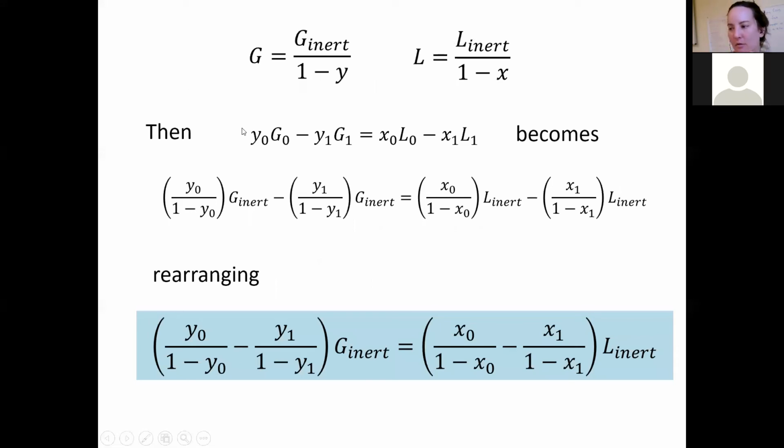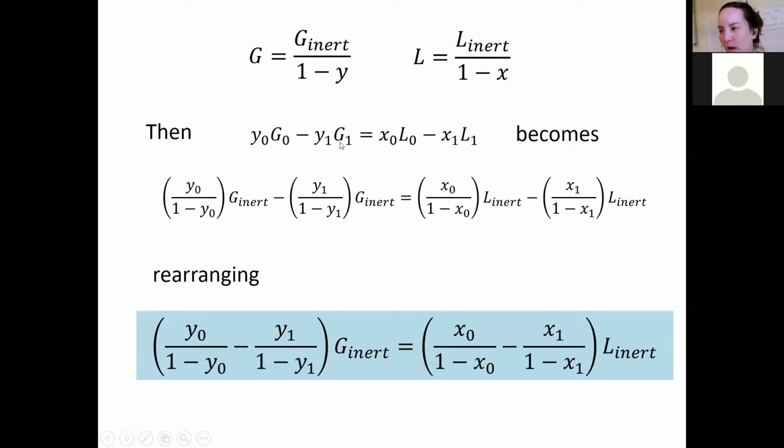Okay, so if we use our balance equation and these definitions for the total amount of the gas and the liquid, since the amount of inert is constant, then here we can write, okay, this first term, Y0 times G0. G0 is actually G inert divided by 1 minus Y0. So this becomes the flow rate of the inert gas, and here 1 minus Y0 gets substituted.